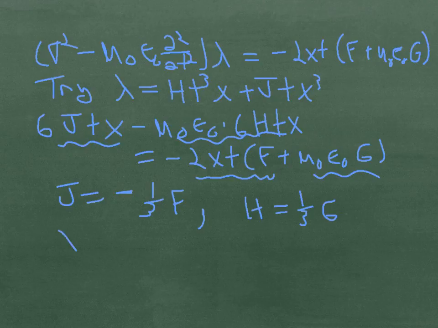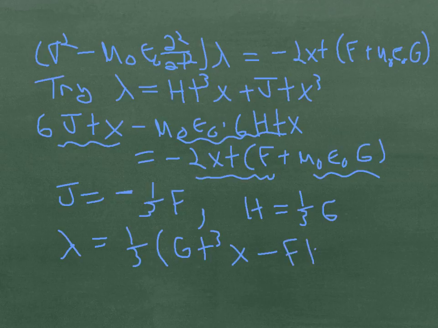So then lambda, just plugging those back in, is equal to 1/3 times g t cubed x minus f t x cubed. So that's our lambda.